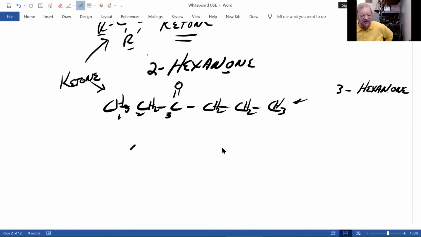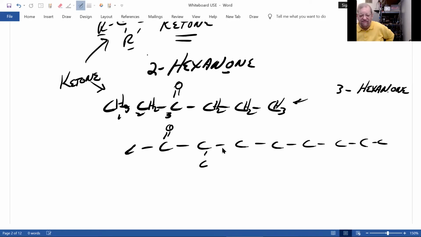Now, if I were to have this molecule, the question is, how do you name that? I'll do that, and then I'll give you some to have fun with.